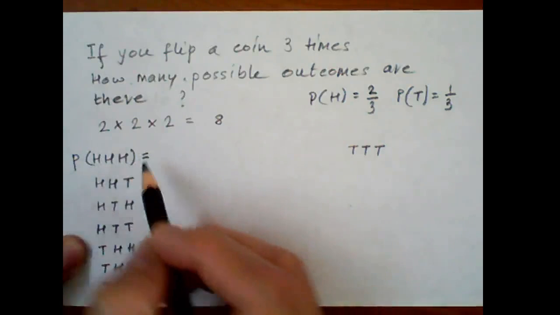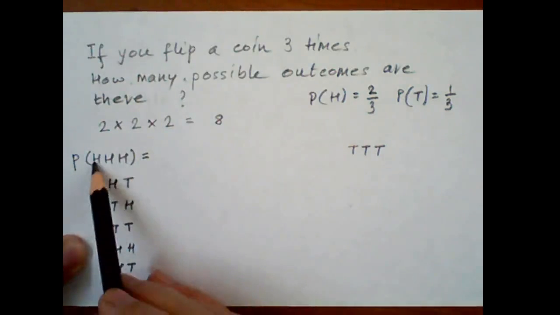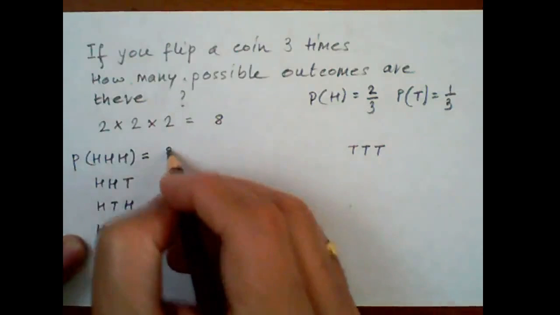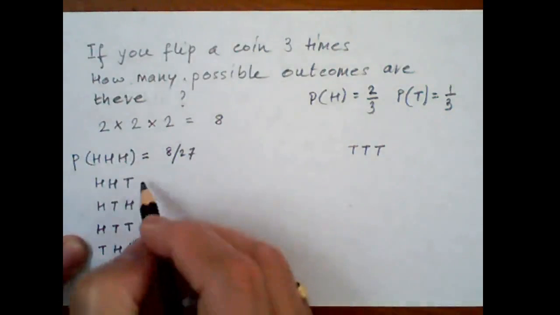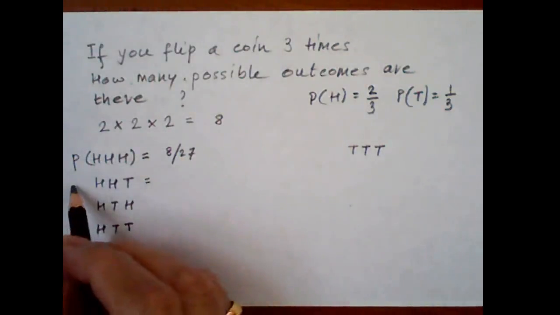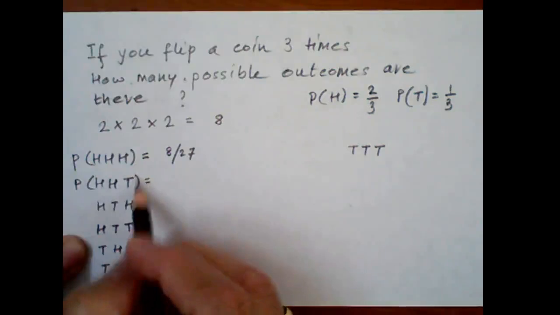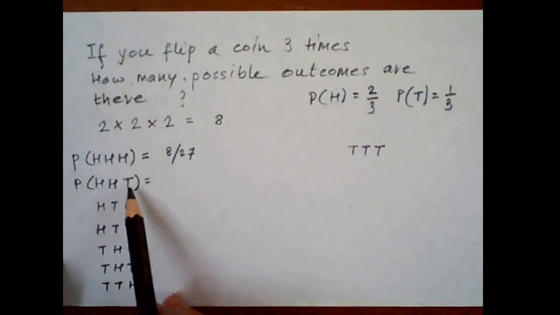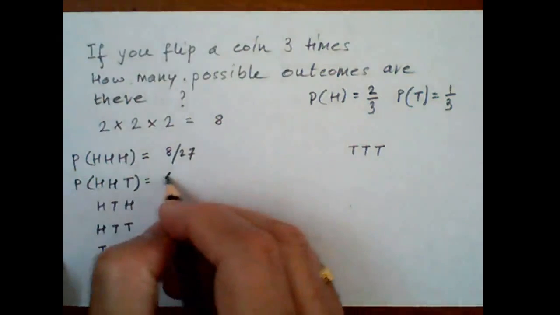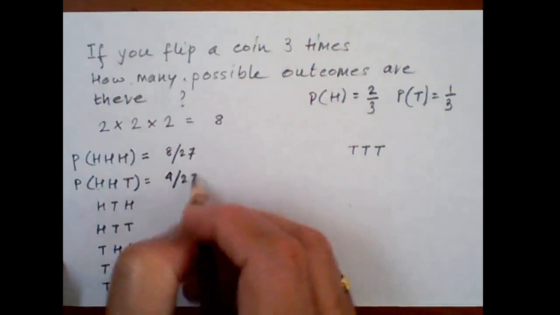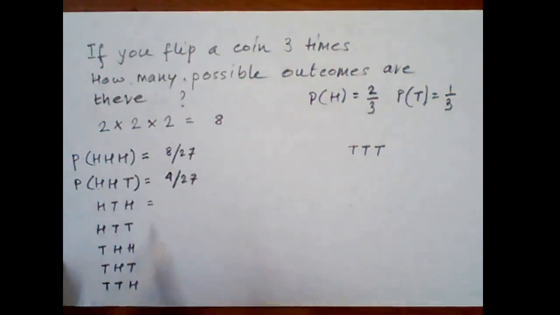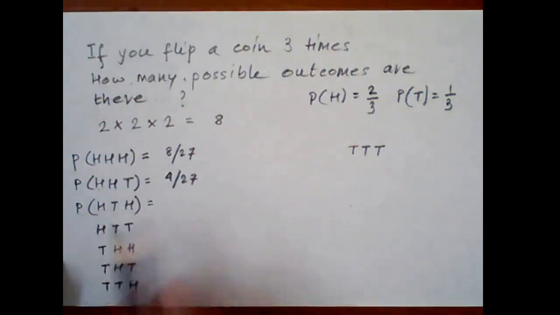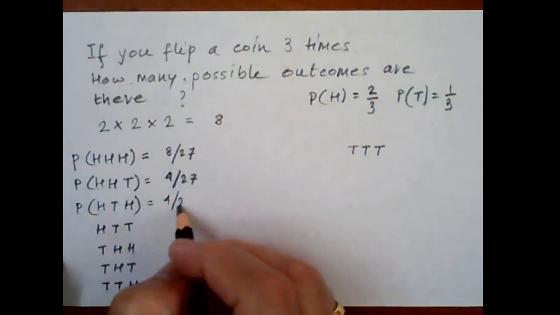So this one will be 2/3 times 2/3 times 2/3, which is equal to 8/27. The probability of this outcome is going to be 2/3 times 2/3 times 1/3, which is 4/27. Similarly, the probability of this outcome, again there are 2 heads and 1 tail, so it will again be 4/27.